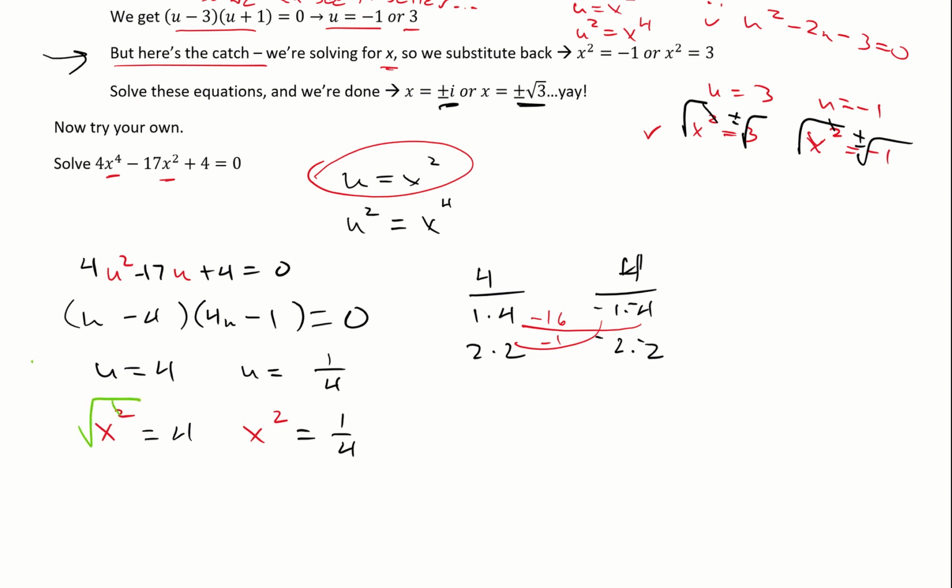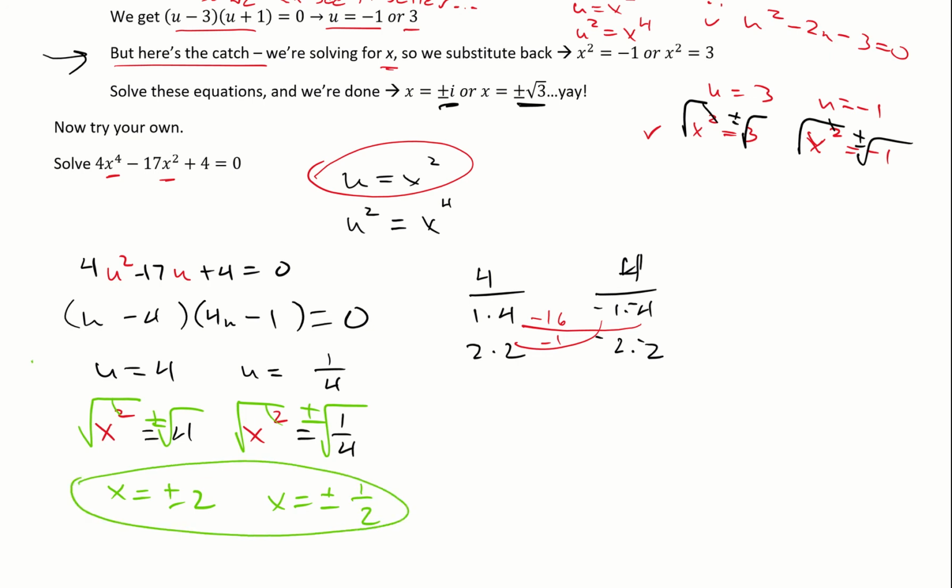I'm going to square root cancel, square root plus minus, and get x is plus minus 2. Square root cancel, square root plus minus, and x is plus minus, well, when you square it 1/4, it's going to be 1/2. Those are your answers. We got 4 answers, and look, the power is 4.